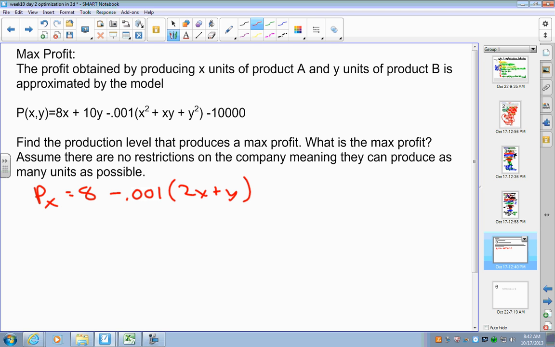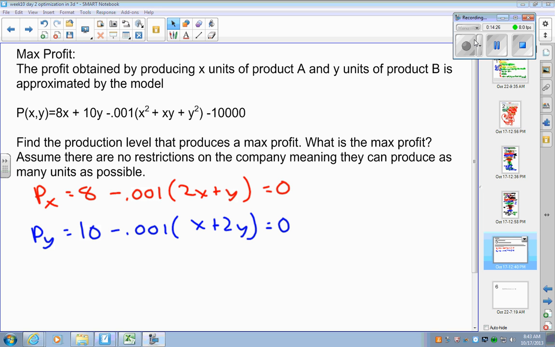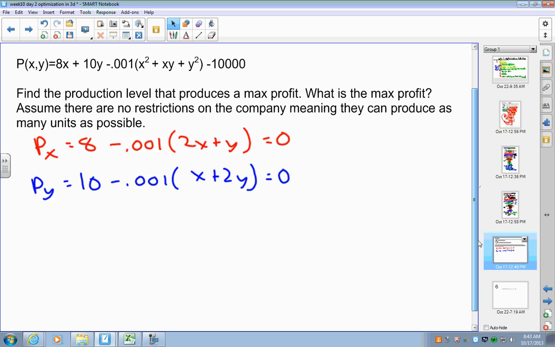Okay. And then I could do py and get 10 minus 0.001 x plus 2y. I want to set both of these equal to 0. Okay, now I have to solve this. Solving it, it's just already a linear algebra problem.